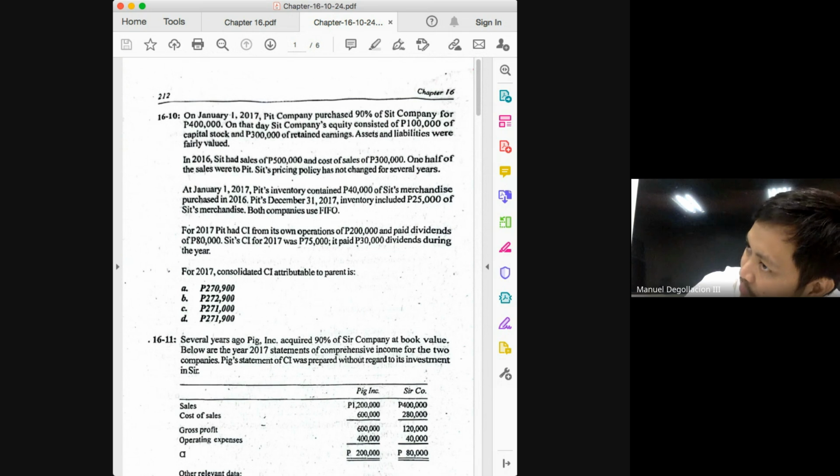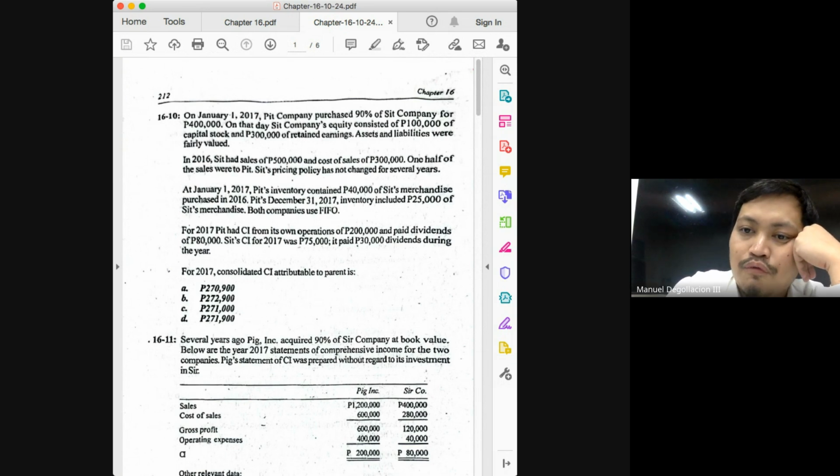So 200 divided by 500 will give you a gross profit rate of 40%. And it is this 40% that we will multiply with 40,000 to get what? The markup on beginning, which will be how much? 16,000.